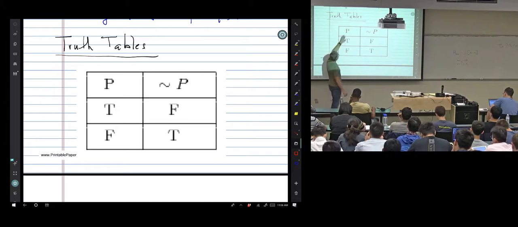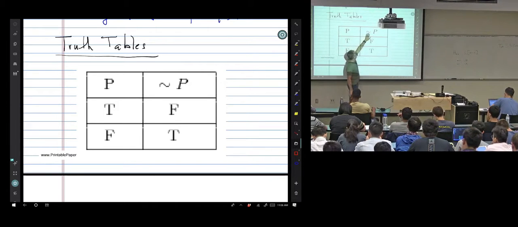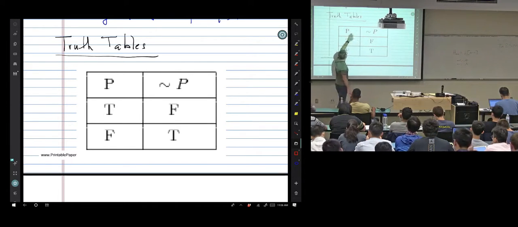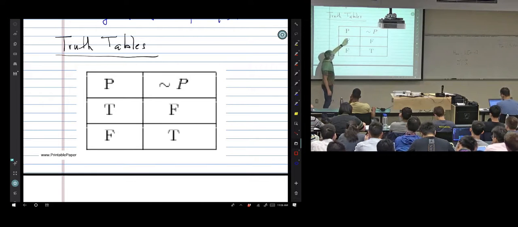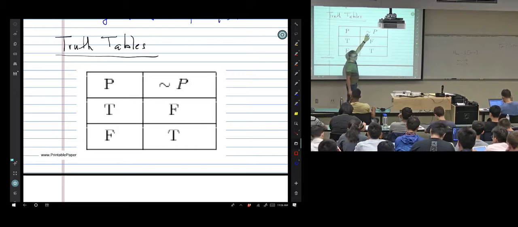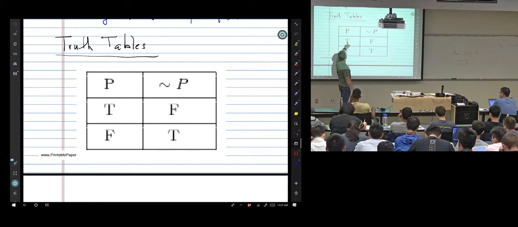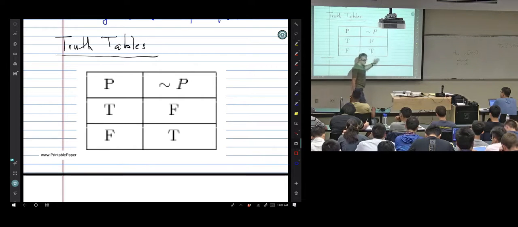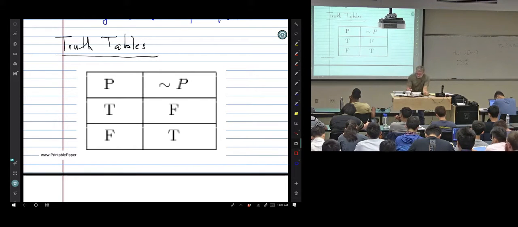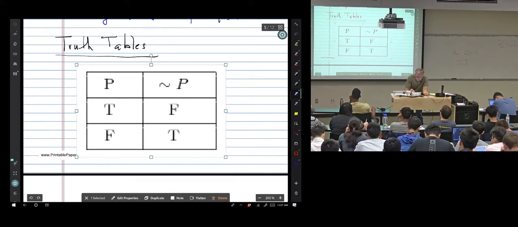Horrible. But this is the truth table for the not operation. P can be either true or false, and then we fill out not P. So P is true, not P is false. If P is false, not P is true. Okay? So this is in the handouts that I posted. So this is the truth table for not.